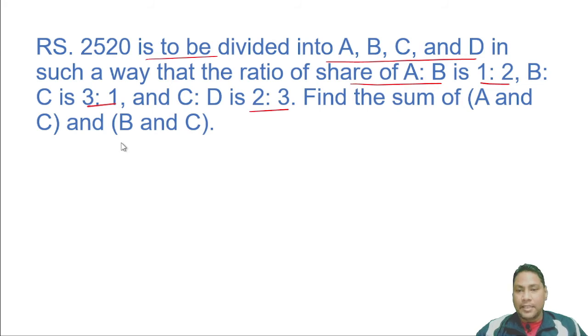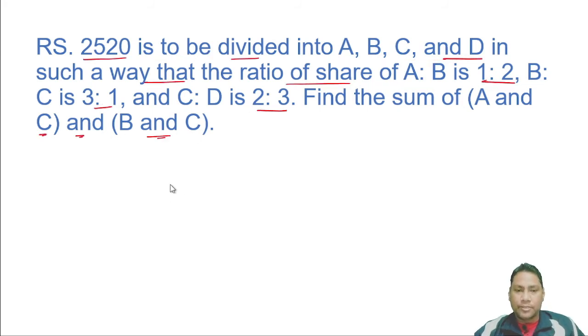Find the sum of A and C, and B and C. So in this question they have given A to B is 1:2, B to C is 3:1, C to D is 2:3.